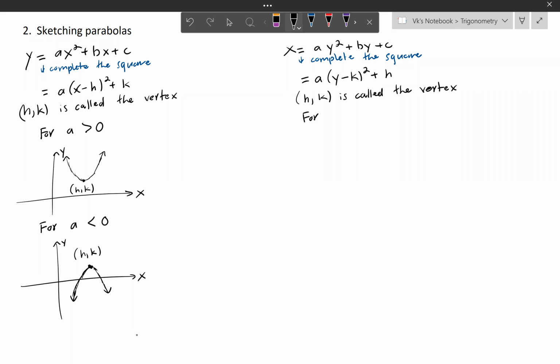For a more than 0, the parabola is going to open to the right. So here comes the point (h, k). The parabola is going to open this way.